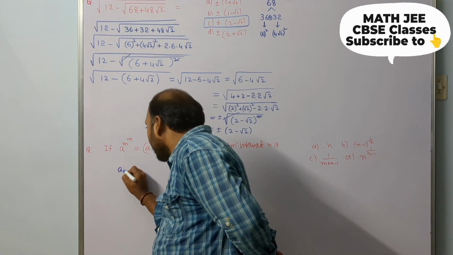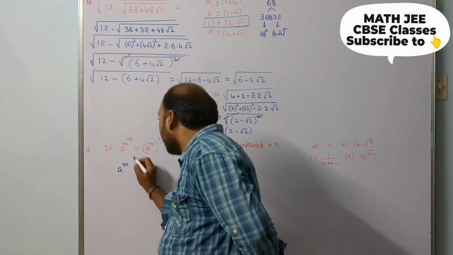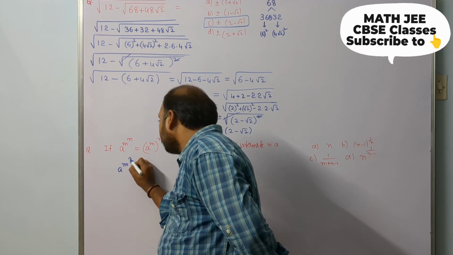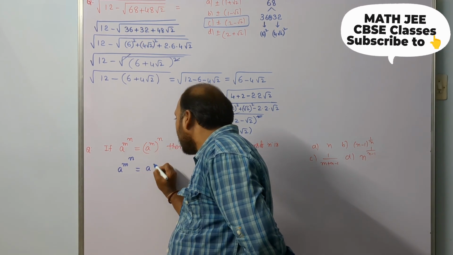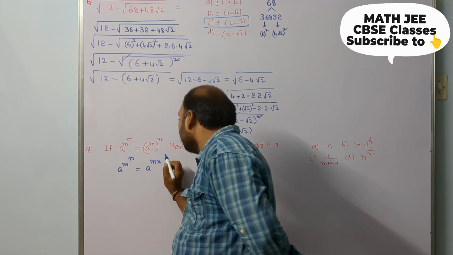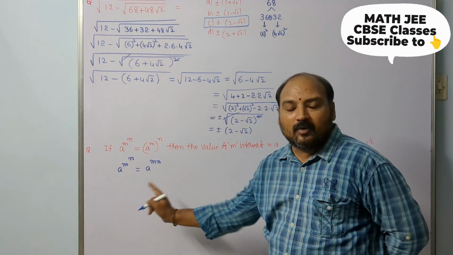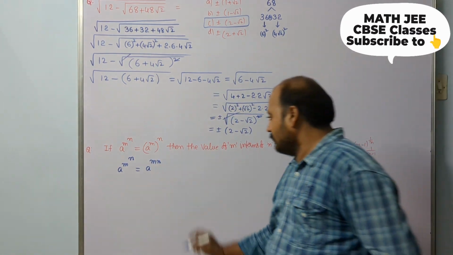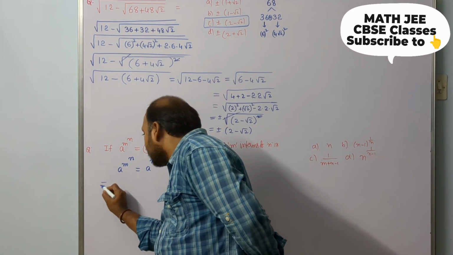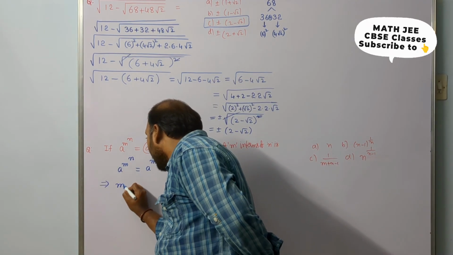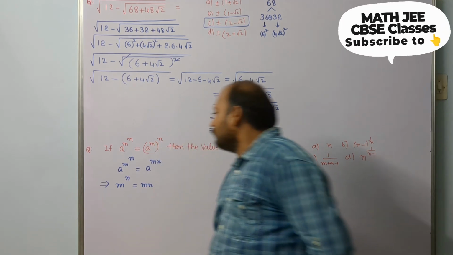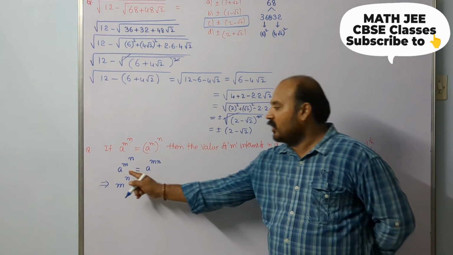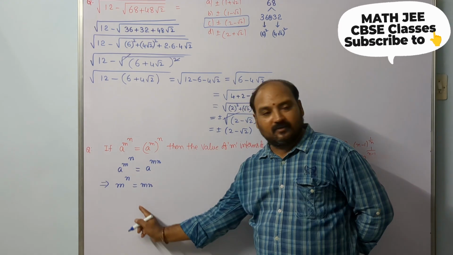So a power m whole power n is equal to a power m whole power n means a power mn. So bases are equal, powers should be equated. So what will come, dear students, here? m power n is equal to mn. Bases are equal, powers should be equated.